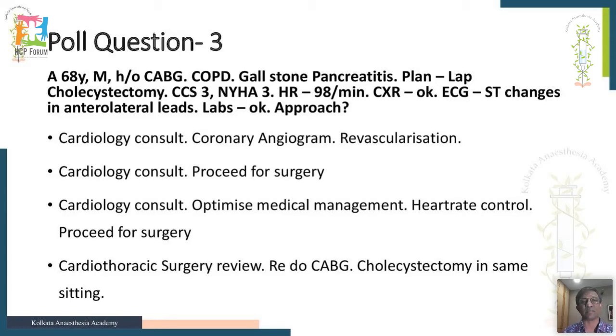On assessment, you find that he has a grade of angina which is CCS3, a grade of dyspnea which is NYHA3, and a heart rate of 98 per minute. The chest X-ray looks okay. The ECG shows ST changes in the anterolateral leads. The labs are okay. What would be your approach?